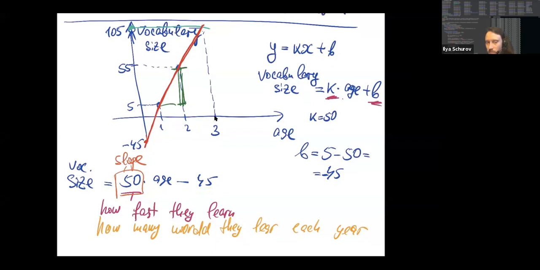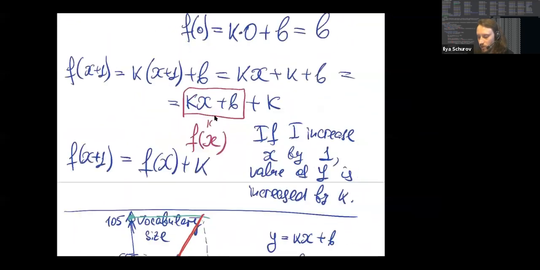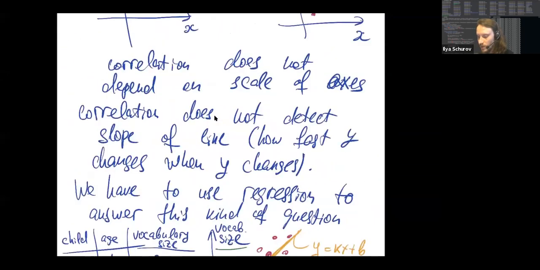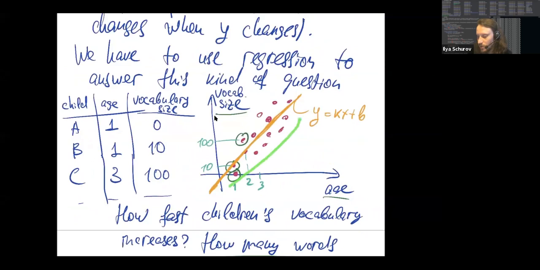So basically, what I just showed is what we do when we say that we want to fit a linear regression to our data. Let me recall how we do it. We have some data points, some values of x and y, and then we fit some straight line, and the equation of this straight line is kx plus b.